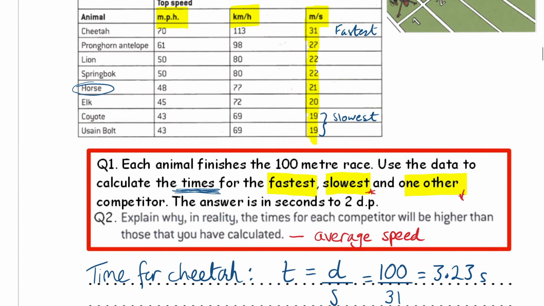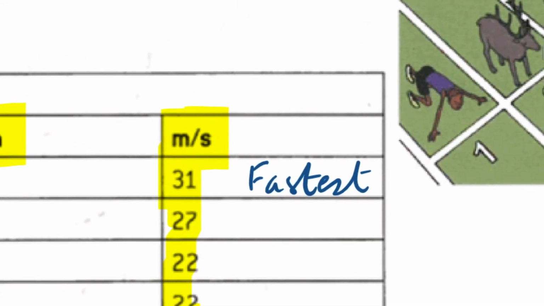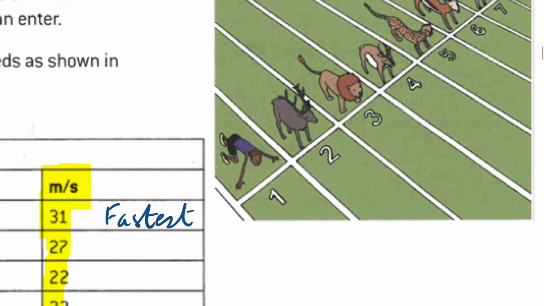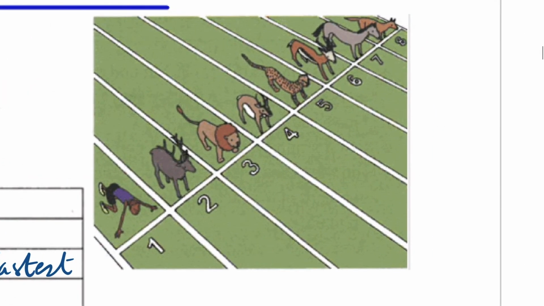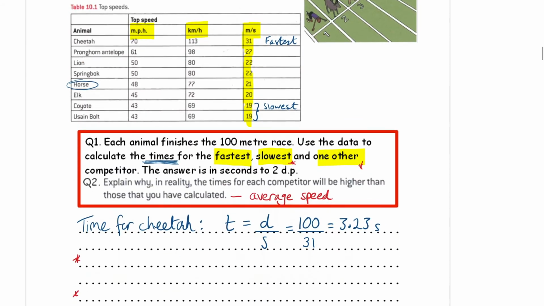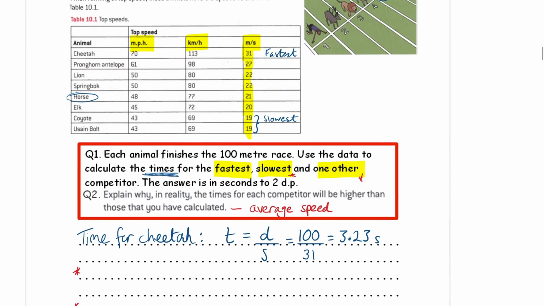Well, here's what I've done earlier. I've calculated the time for the fastest animal. So if you look up in the table here, the fastest animal was the cheetah. There he is. Fastest animal was the cheetah. What you've got to do next is calculate the time for the slowest.